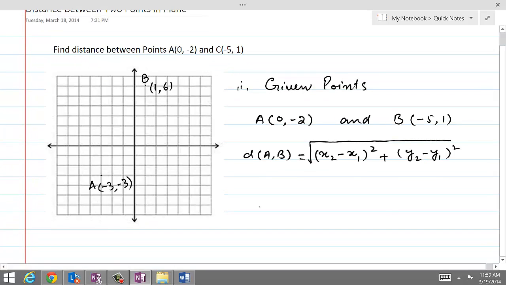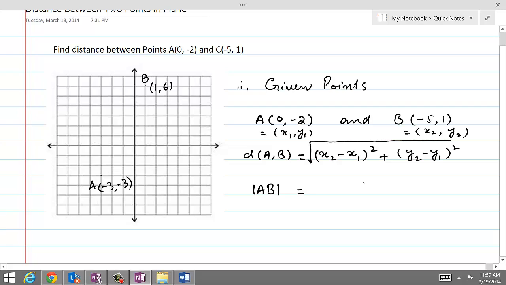We can also denote this distance by simply AB with a bar around it, whichever suits your needs. Now the coordinates of the first point could be named x1, y1, and the coordinates of the second point could be named x2, y2.